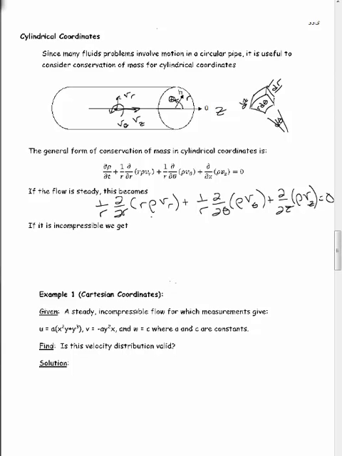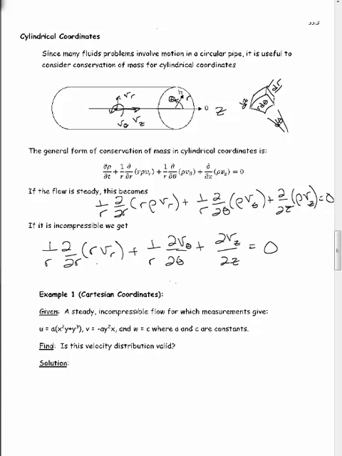Okay, and if it's incompressible, again, we can pull the rho's out of all these derivatives, divide through, and the rho's just go away. 1 over r d/dr of (r vr) plus 1 over r d/d theta of v theta, so just dv theta/d theta, plus dvz/dz equals 0.